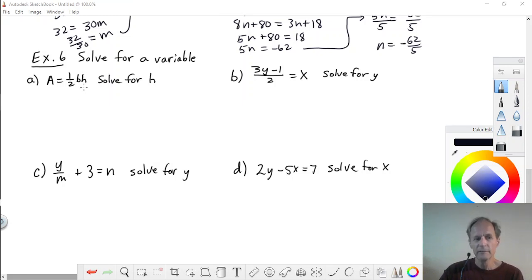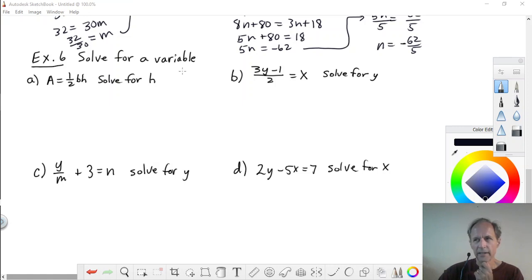If we want to solve for h, we need to get rid of the 2, and we need to get rid of the b. Think of the 2 as being divided by. I'm going to look at it that way. This is b times h in the numerator and 2 in the denominator.